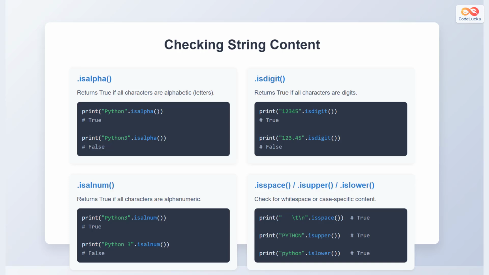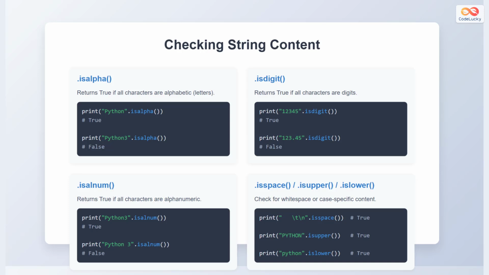The .isalnum method returns true if all characters are alphanumeric, meaning they are either letters or digits. For example, "python3".isalnum() returns true, while "python 3".isalnum() returns false because it contains a space.